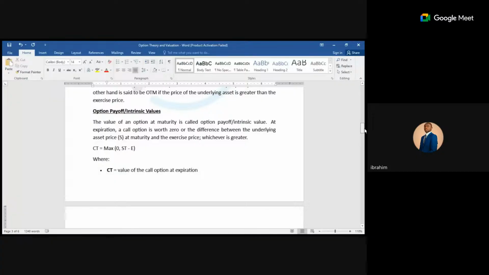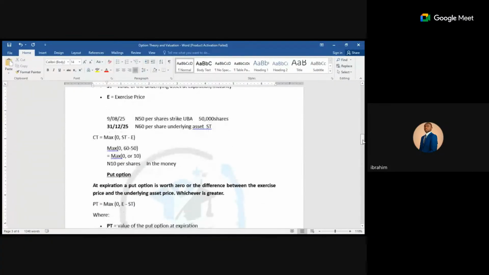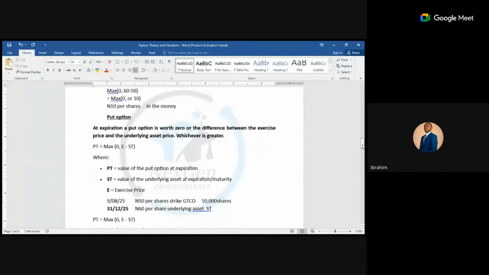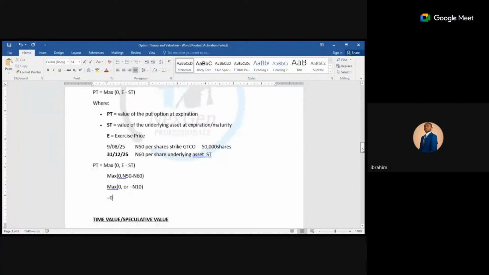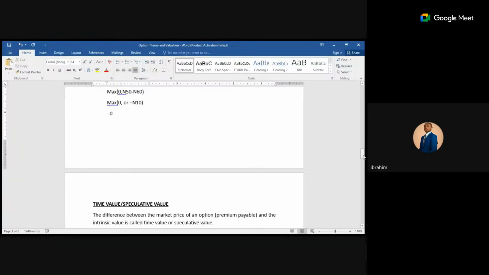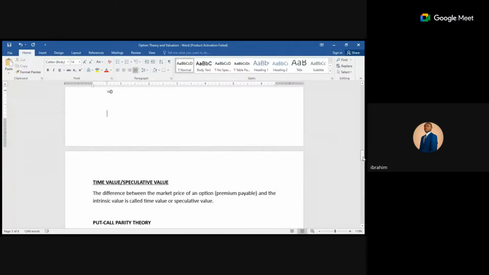Intrinsic value. The examiner may ask you to calculate intrinsic value of put option and call option. Next, the time value or the speculative value.